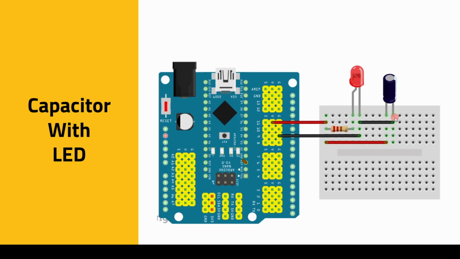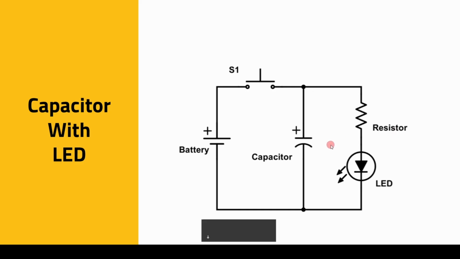Let me show you the schematic that makes it easier to understand. So here's how it is. You have a battery and you have a switch, and then to turn on the LED you have to limit the current, so you have a resistor, and then across the resistor and LED pair you have a capacitor.